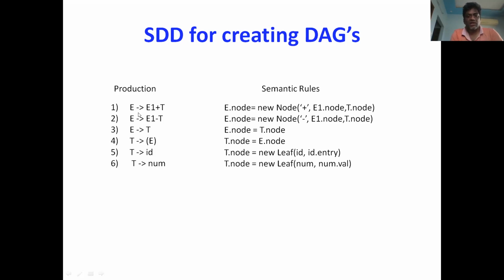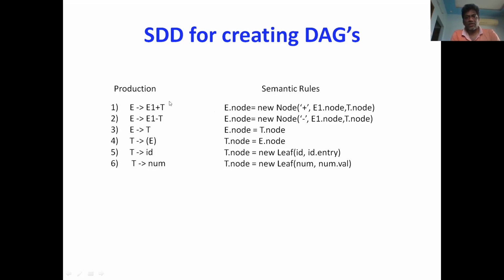The first one is E implies E1 plus T. So what you need to observe is whenever there is an operator, then you need to create a new node, and then the operator will be the first field of the corresponding node, and then E1 dot node, that is the left of the operator, will be the next parameter, and right of the operator will be the next parameter.